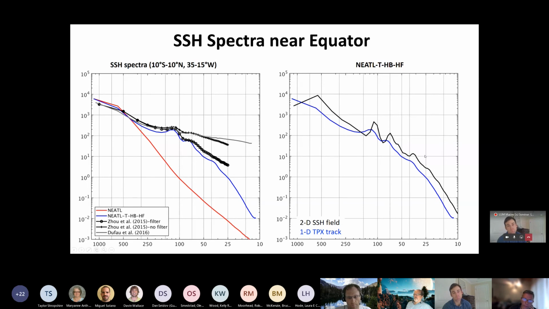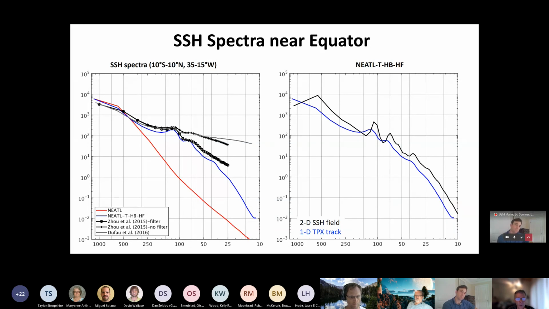So now if I go back to the left panel, where you see the blue one, which is done exactly like the altimetry, now we can compare that to the observations. The most recent estimate of Dufault et al. is in continuous gray, which is right here. And then Zhu et al. did with and without filtering the noise.